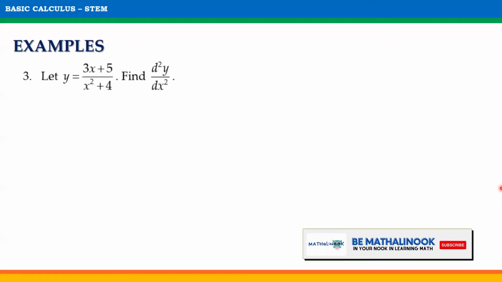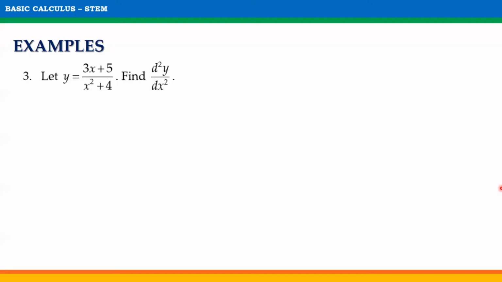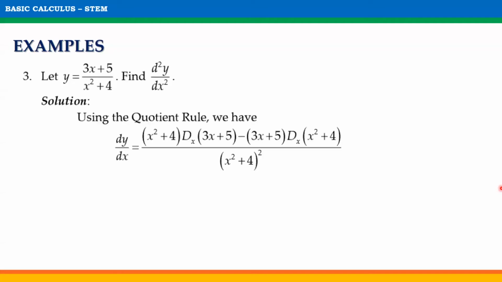For our third example, let y be equal to 3x plus 5 all over x squared plus 4. Find the second derivative of the given function. Using the quotient rule, we will get the first derivative of the function to be x squared plus 4 times the derivative of 3x plus 5 minus 3x plus 5 times the derivative of x squared plus 4, all over x squared plus 4 quantity squared.